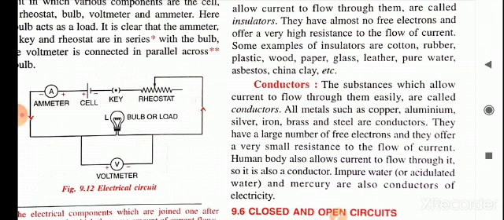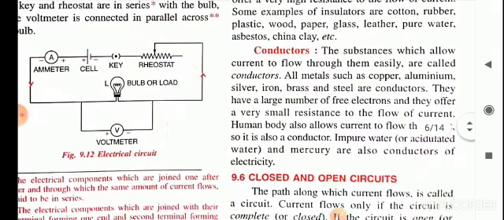The metal alloys such as nichrome, manganin, and tungsten, which are used for making heating elements of electrical appliances, are also conductors, but their electrical conductivity is much less than that of pure metals. Carbon in the form of graphite is also a conductor. The human body is a fairly good conductor. Okay, children?